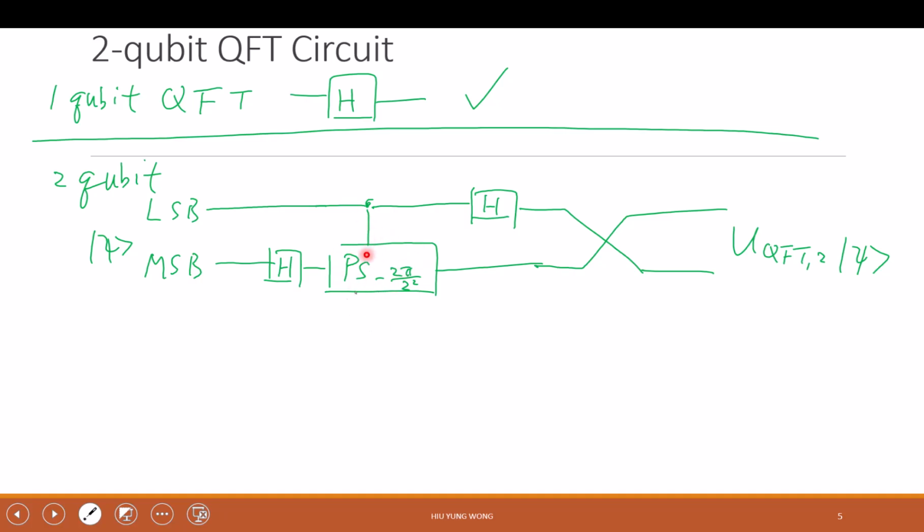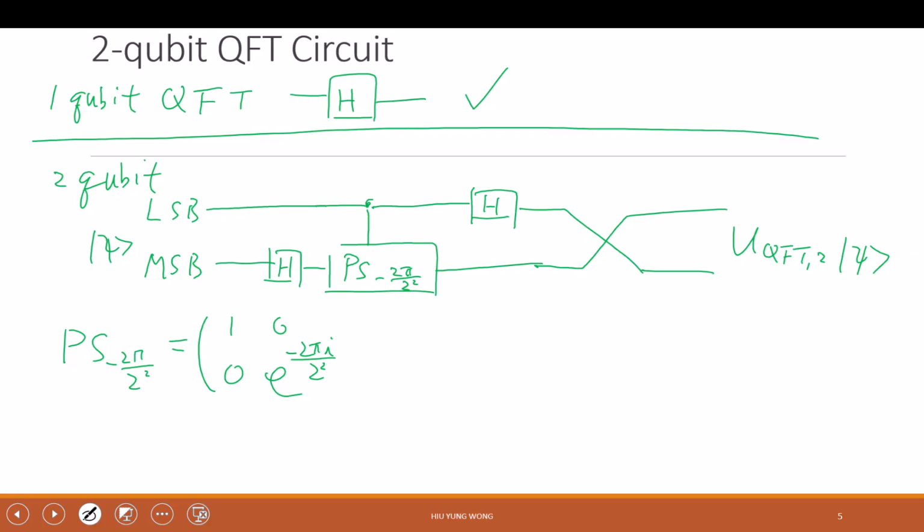What type of gate is this? First of all, what is this PS of negative 2 pi divided by 2 squared? It means that we apply a phase shift gate, right? The PS gate with this angle, negative 2 pi divided by 2 to the power 2, is equal to the matrix 1, 0, 0, e to the power negative 2 pi i divided by 2 to the power 2.